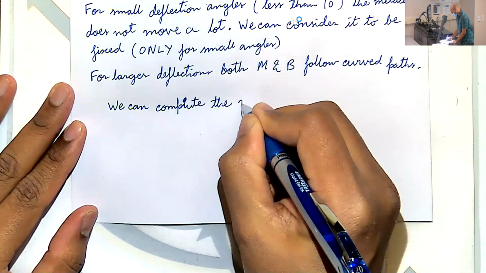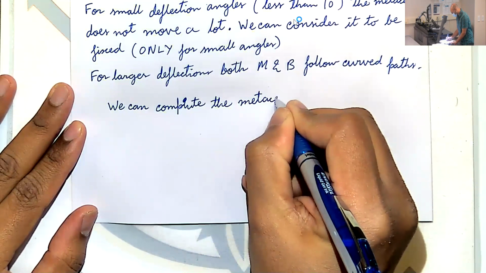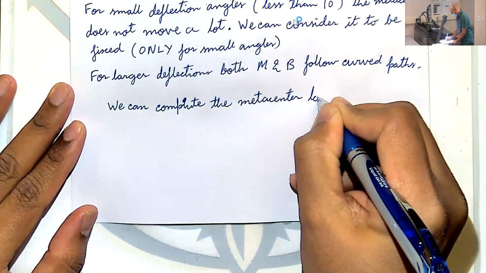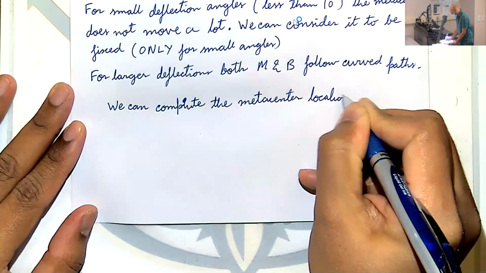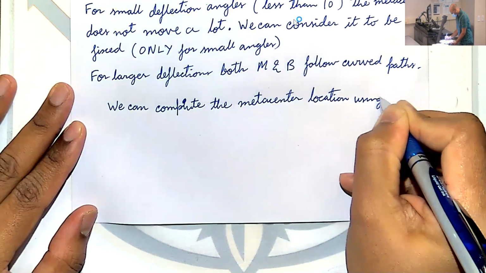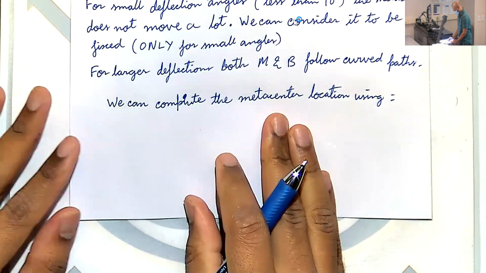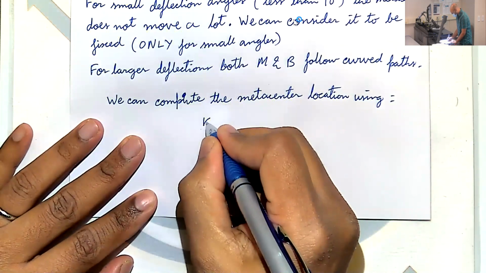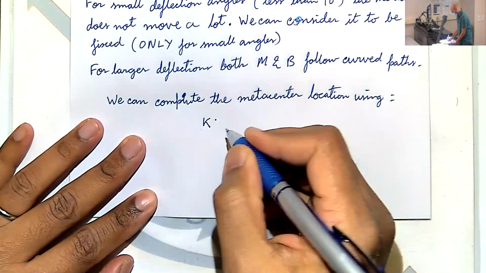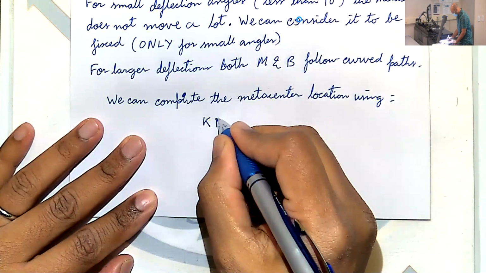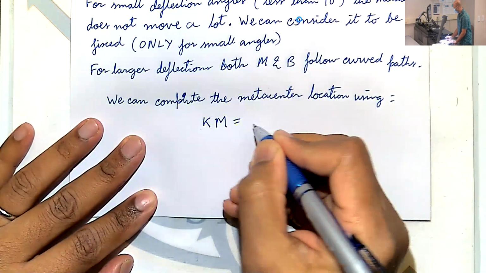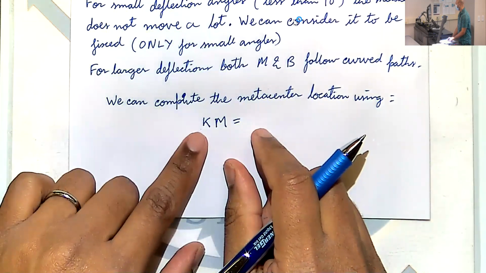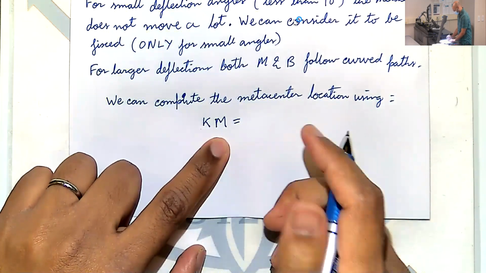KM is one thing that we use very often, the keel to metacenter distance.